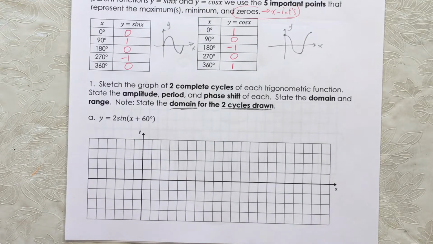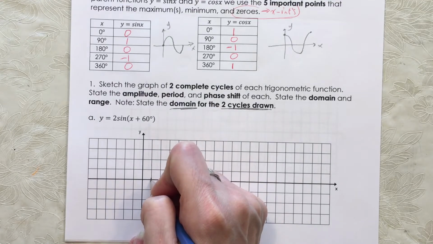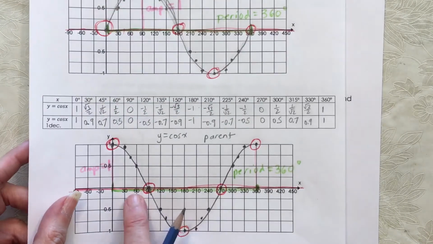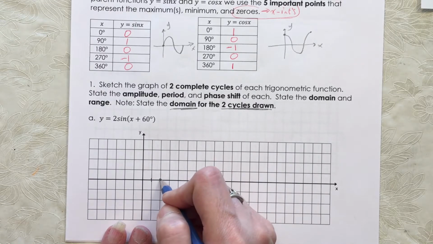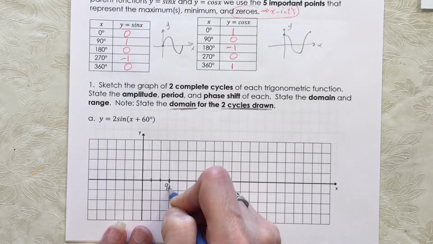All right, so if you're given a question like this, the very first thing that you're going to do is label your axes. So you have to scale your axes. You've got your x-axis and your y-axis. For the x-axis, every square is going to be worth 30 degrees, but I don't want to jumble it all up writing in all these angles. So if we know that each square is worth 30, every third square is going to be 90.